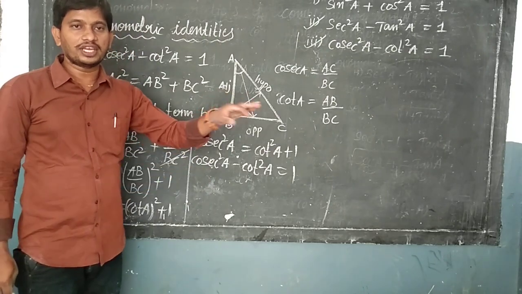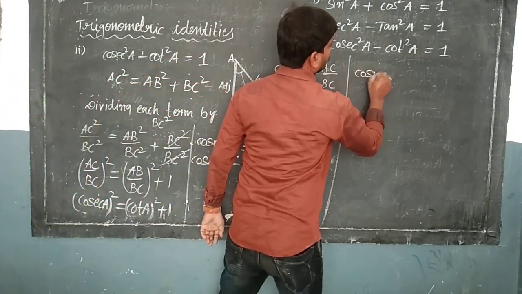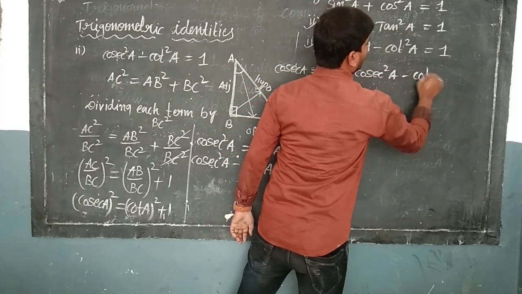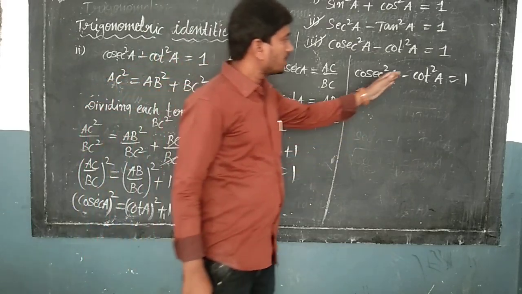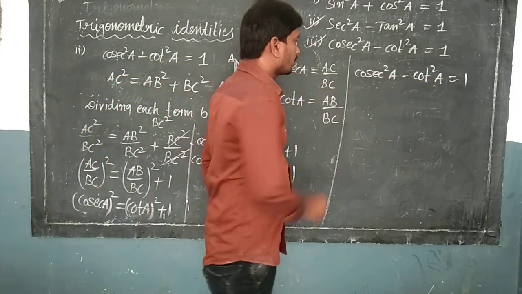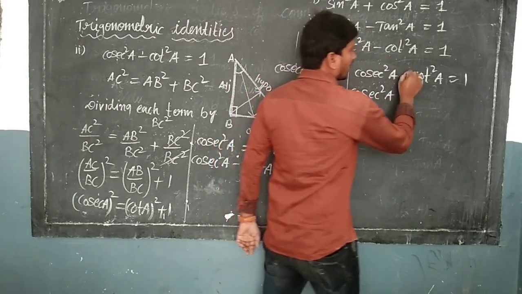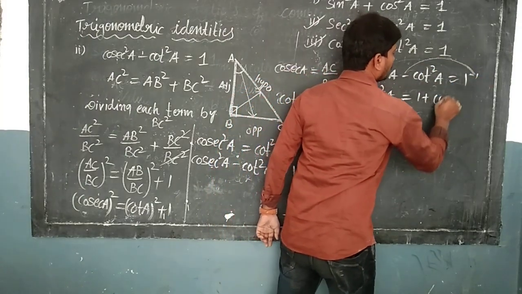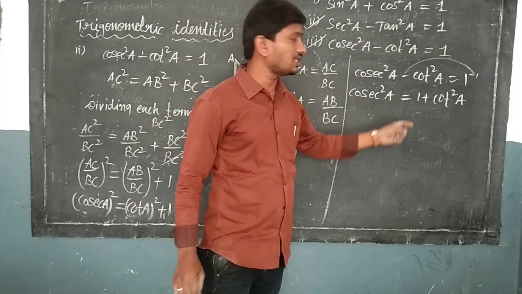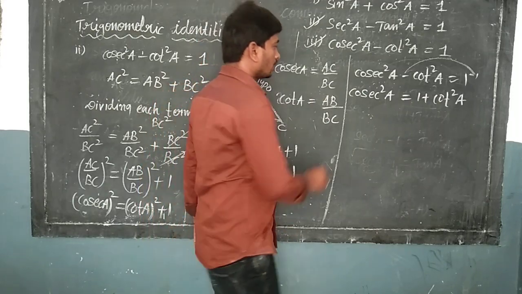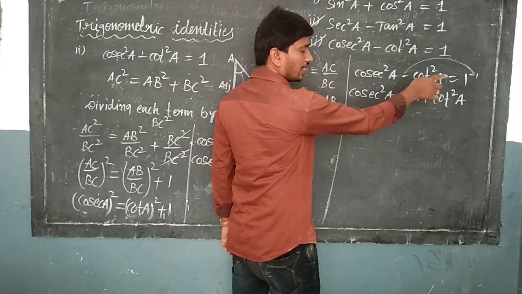From this identity we can derive two more formulas. Let me derive now. We have cosec square A minus cot square A equal to 1. This minus cot square A you take right hand side. So cosec square A equal to 1 plus cot square A. Now square you send to that side.